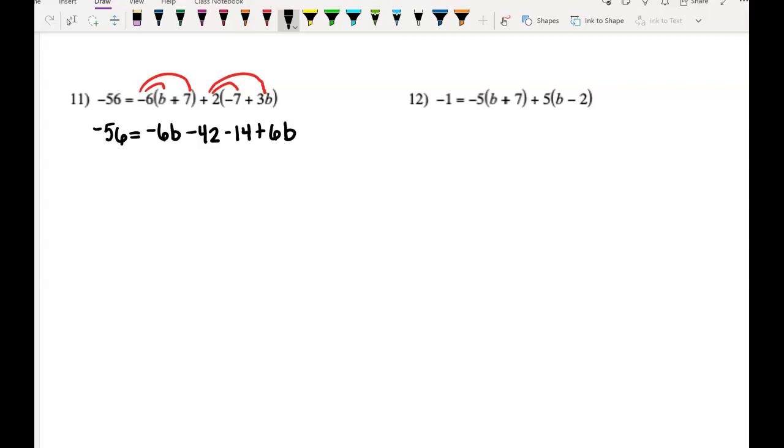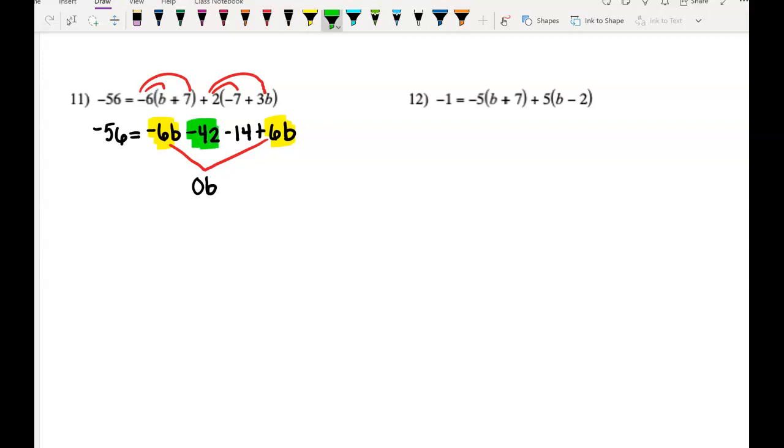So we have to combine some like terms. We have a negative 6b and a positive 6b. So if I combine those, what's negative 6 plus 6? Should add up to 0. Negative and positive of the same number should add up to 0.